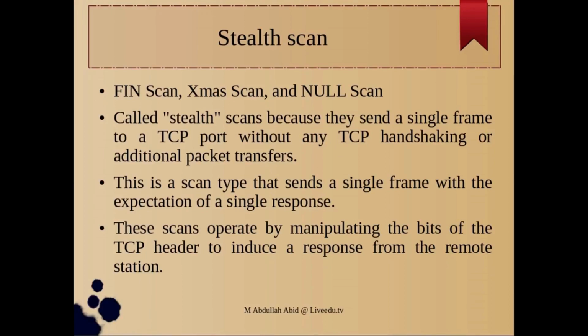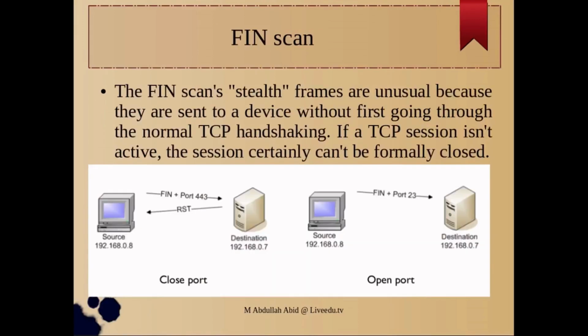We already know the SYN flag, the ACK flag, and the reset flag. Now there are multiple more flags present there, so we will be using those flags in the stealth scan.